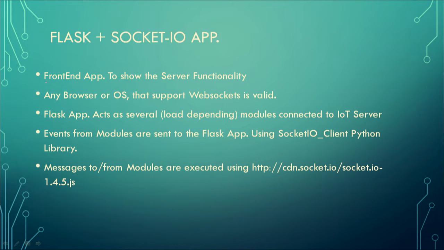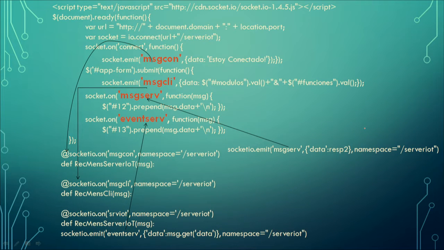As I have said, the front end is Flask plus Socket.io. Messages to and from modules are executed using Socket.io 1.4. And to send messages from the devices to the Flask application, we are using the Socket.io client in Python, as we can see here. This is the part of the web browser.